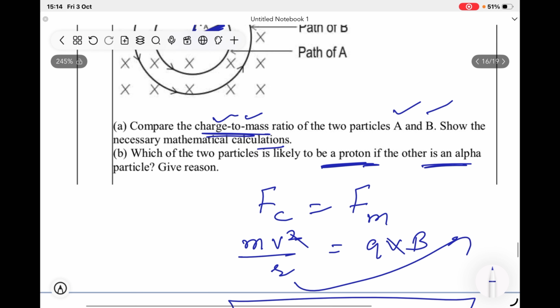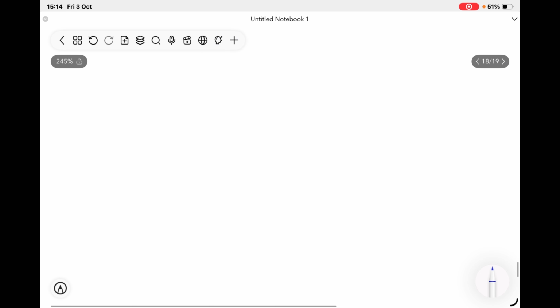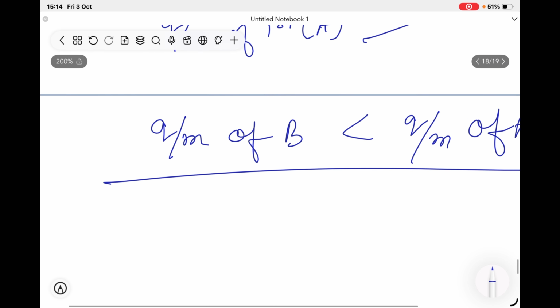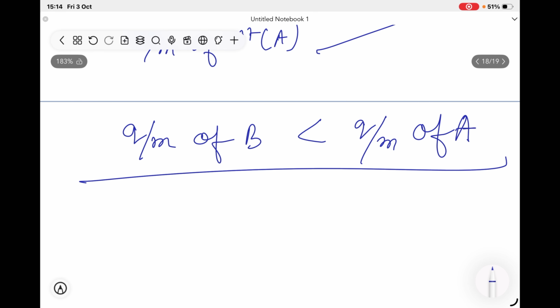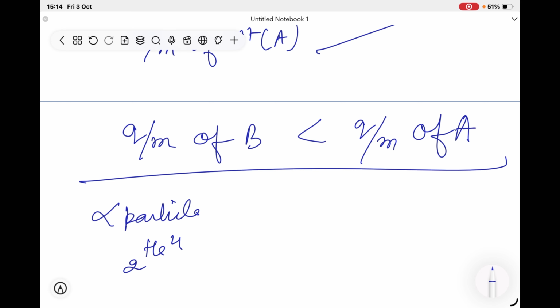So let us see proton and alpha. So we are needing proton and alpha at every other question. So alpha is written as helium-24 and proton is, you should know, 1H1.